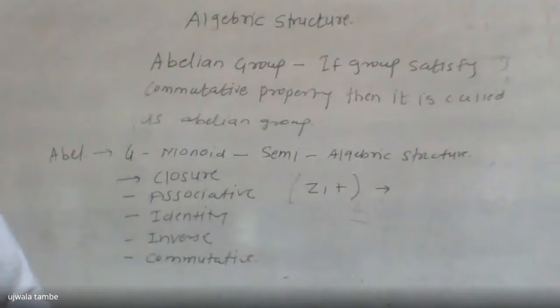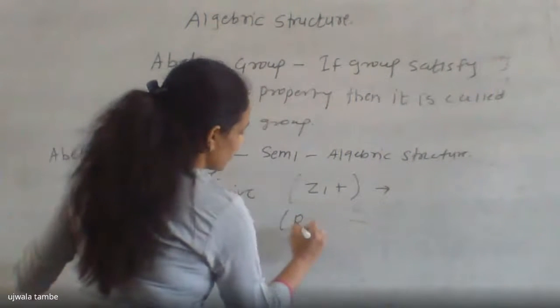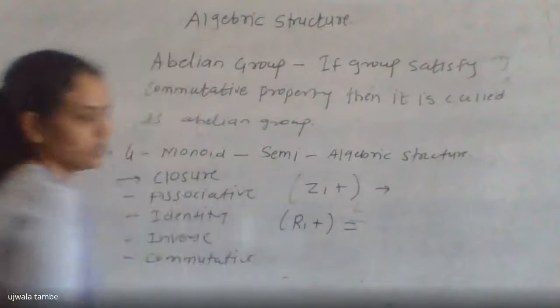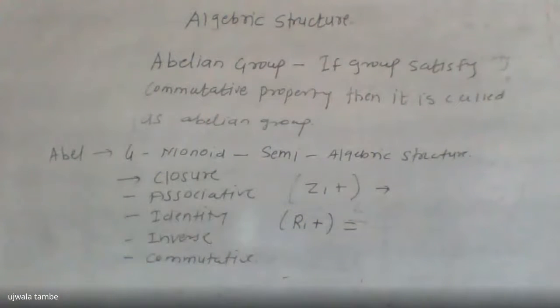Now you have to check for R comma plus. R means the set of real numbers. R comma plus.